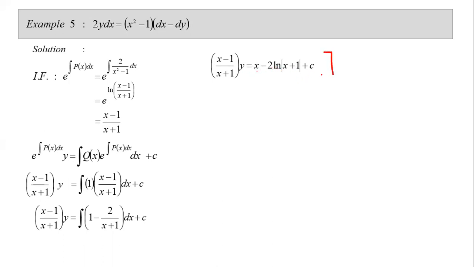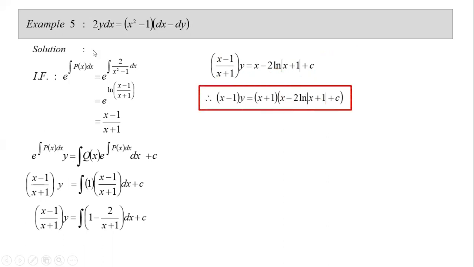And then you just simply multiply everything by x plus 1. And then you shall have x minus 1 times y equals x plus 1 times the quantity x minus 2 ln of x plus 1 plus c. And that is our general solution for this differential equation.